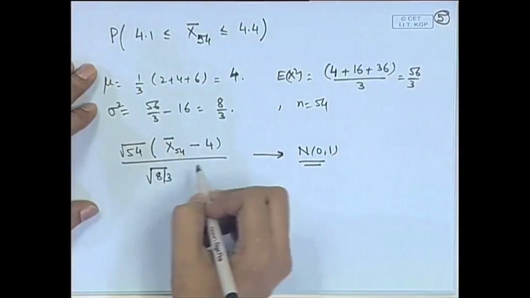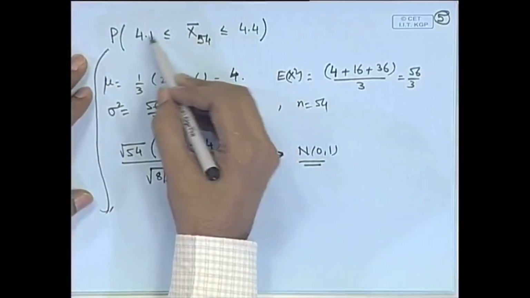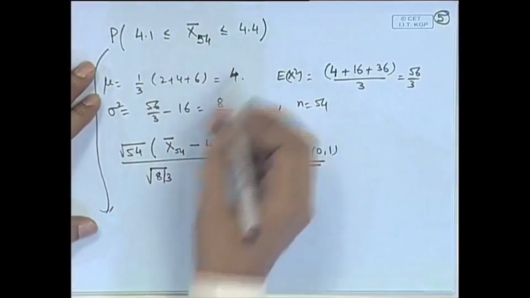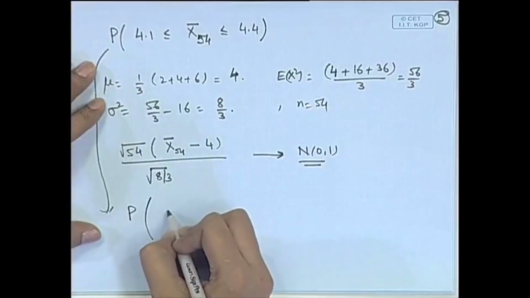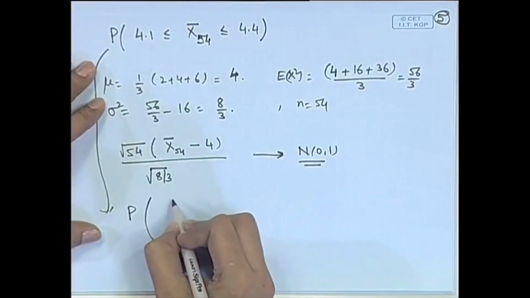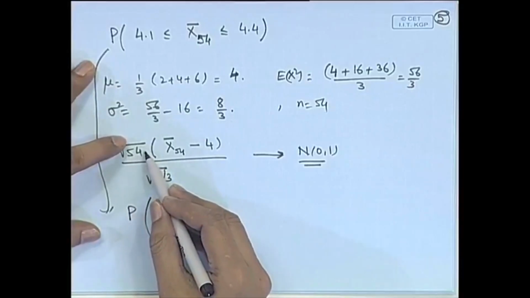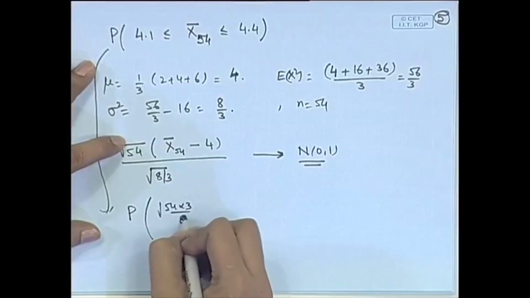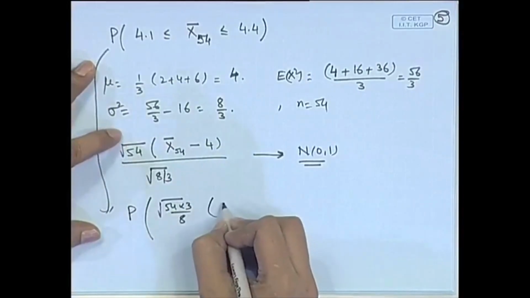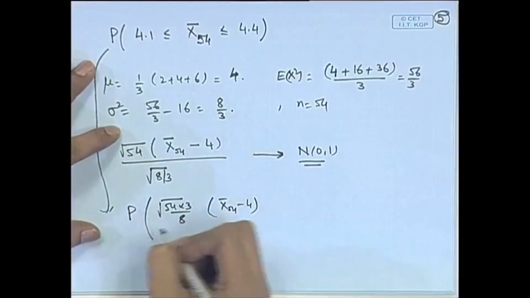So, if we use this property here, the probability of X 54 bar lying between 4.1 to 4.4 is approximately the same as, so root of, we may take it to the numerator. So, it becomes root of 54 into 3 by 8 into X 54 bar minus 4.